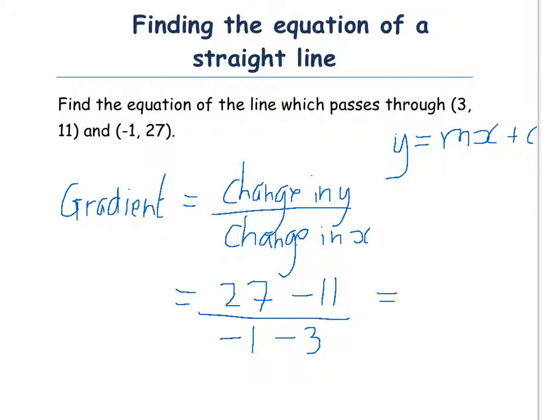So if you do that, 27 take away 11 is 16, and minus 1 take away 3 is minus 4. So if you do 16 divided by minus 4, you get minus 4. So the gradient of the line passing through (3, 11) and (-1, 27) is minus 4.